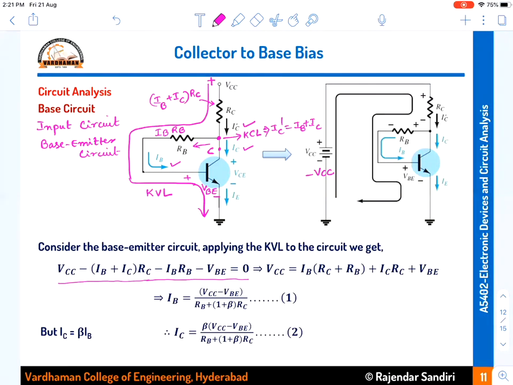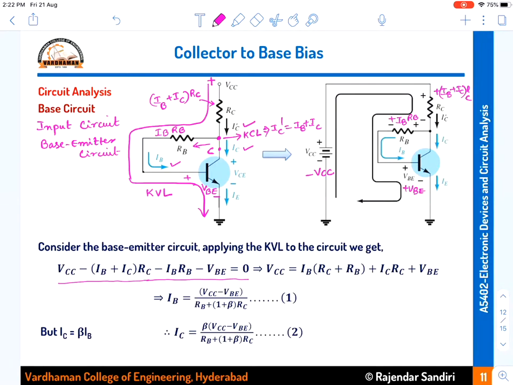Minus VCC, plus IB plus IC into RC, and this is the voltage across the resistor RB in the clockwise direction, plus IB into RB. Coming to the transistor, it is already written here, plus VBE.